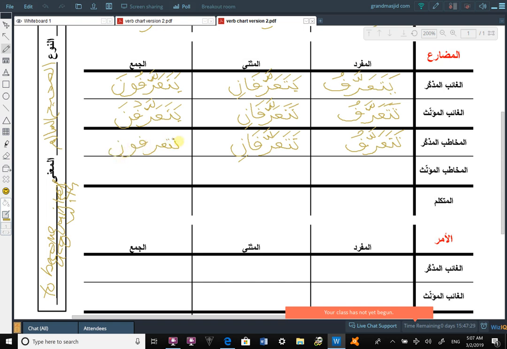We add the waw al-jama'a and the noon for marfu. Here, feminine, you, to a female, one single female, add the ya al-mukhataba and the noon for marfu.